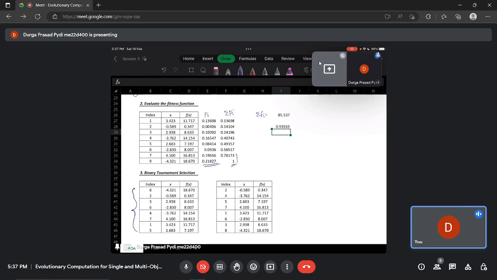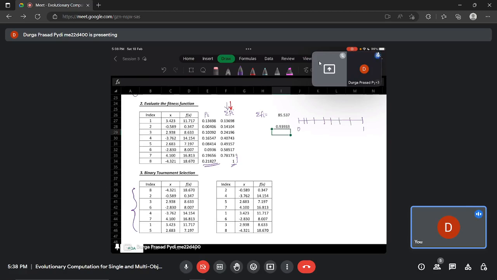So in your entire domain, these particular values of sigma Pi are between 0 and 1. So you see 0.13 will come somewhere over here, 0.14, 0.24, 0.4 somewhere here, 0.49, 0.58 and 0.78.